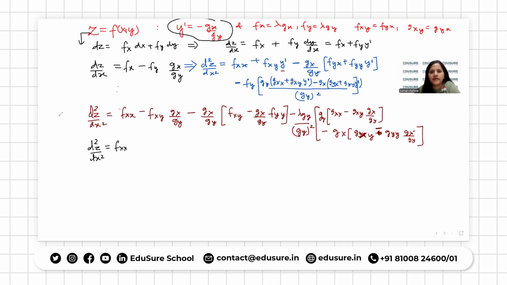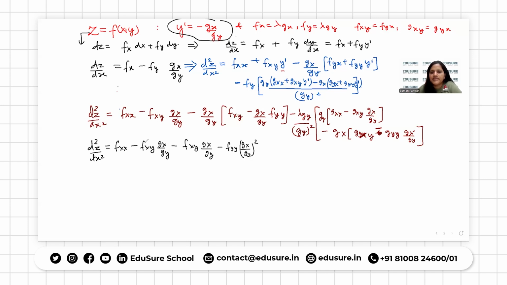And we had lambda somewhere. So this fy was lambda. So we have fxx minus fxy gx gy minus fxy gx gy minus fyy gx by gy whole square.